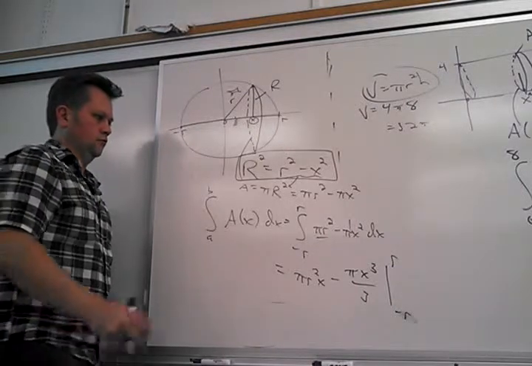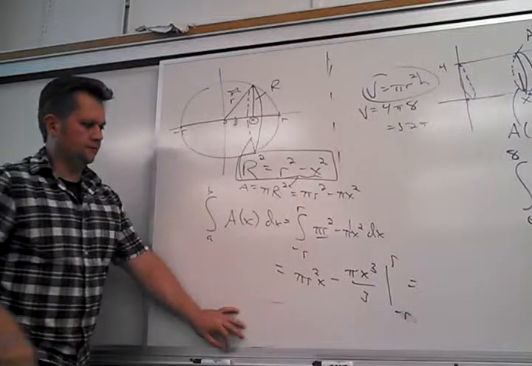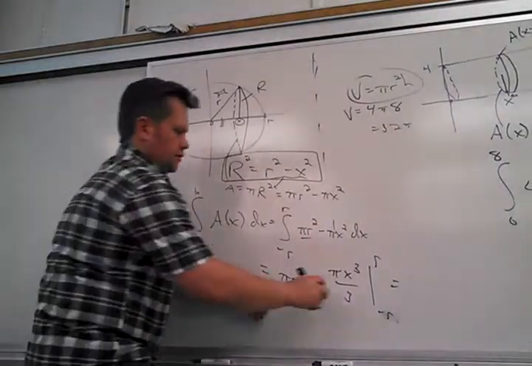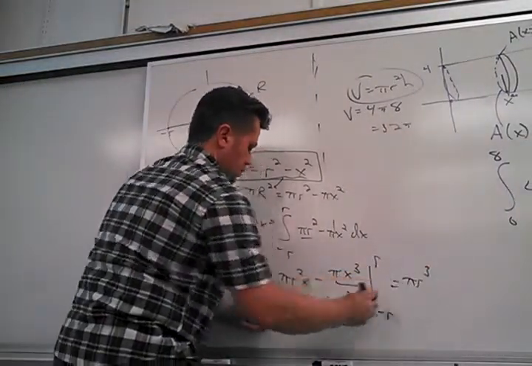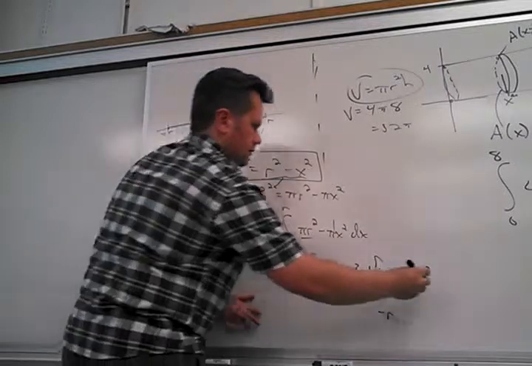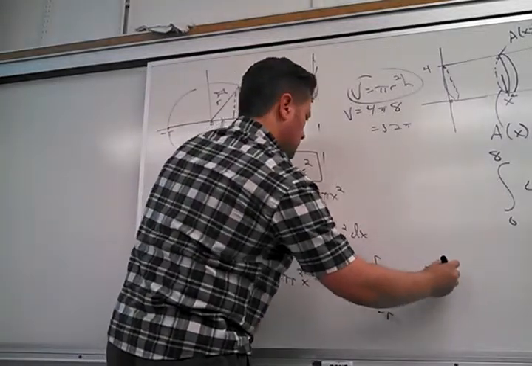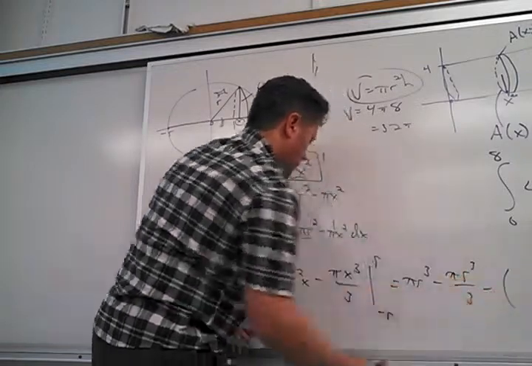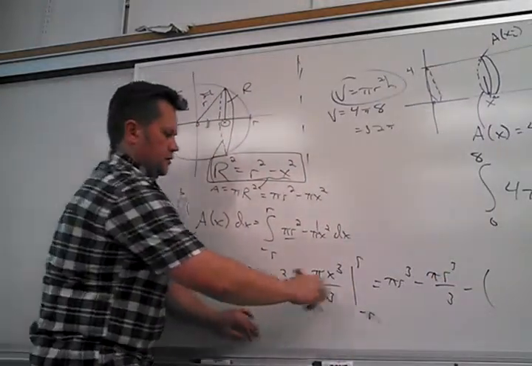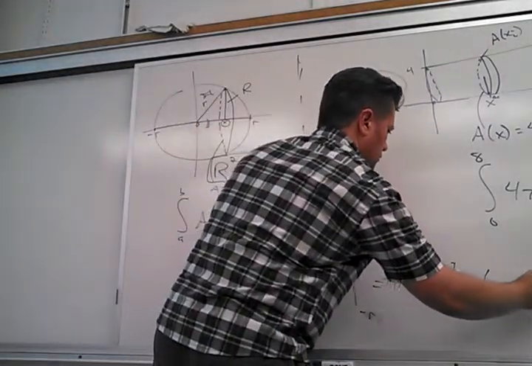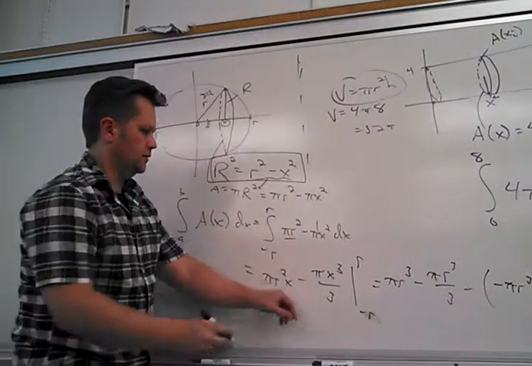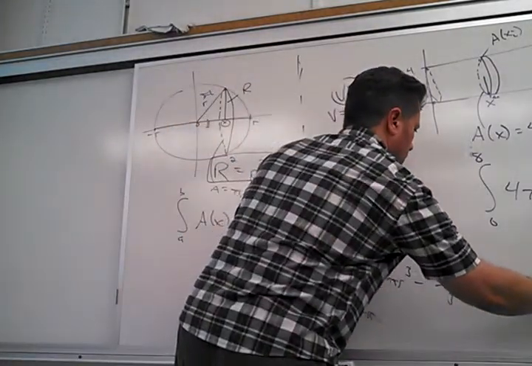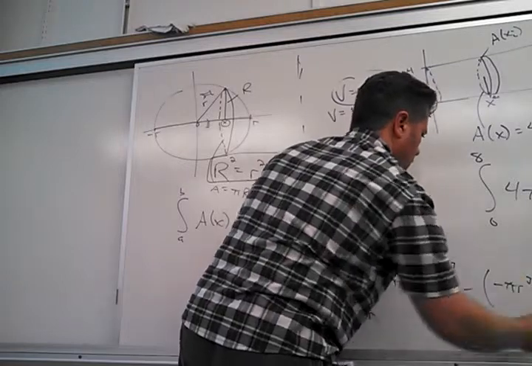Right. And if you do all this, you'll get pi r cubed minus pi r cubed over 3, minus negative pi r cubed, minus negative, so plus pi r cubed over 3.